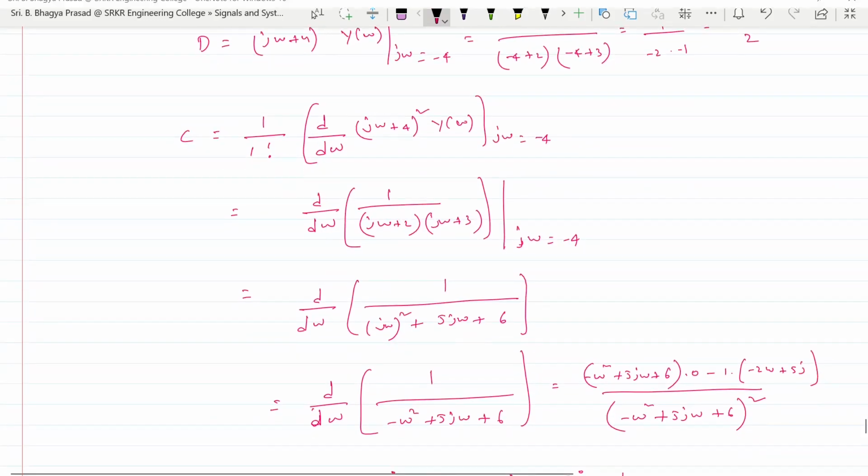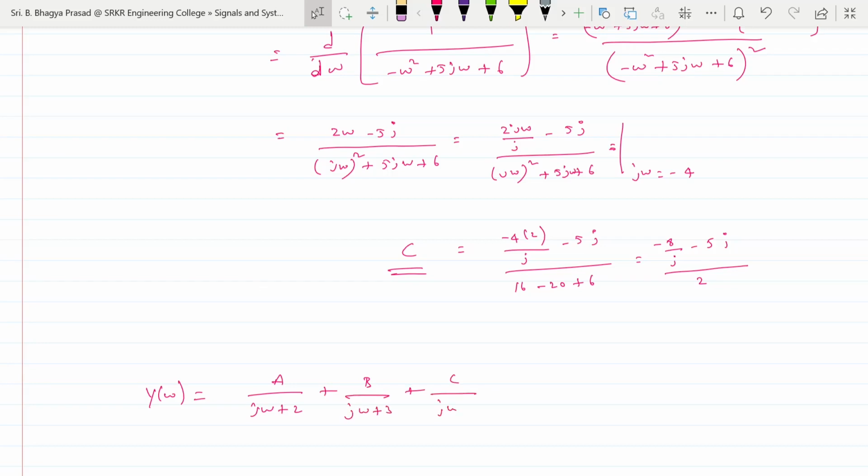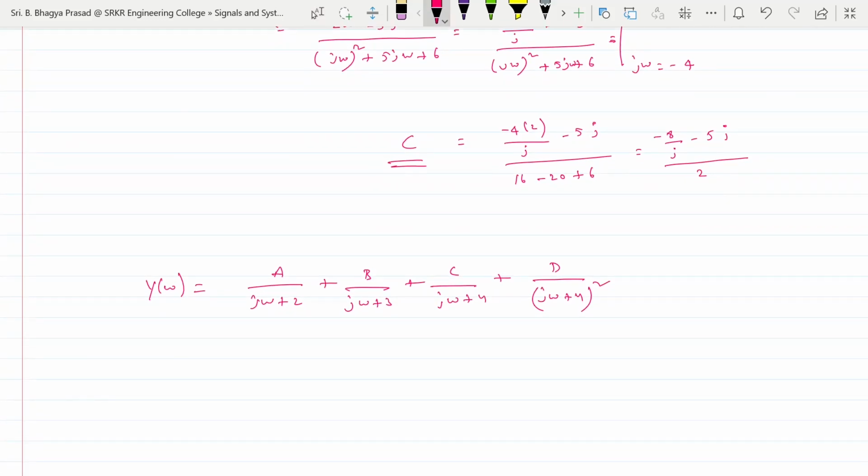So I don't substitute ABCD here, I'll directly take the inverse Fourier transform.